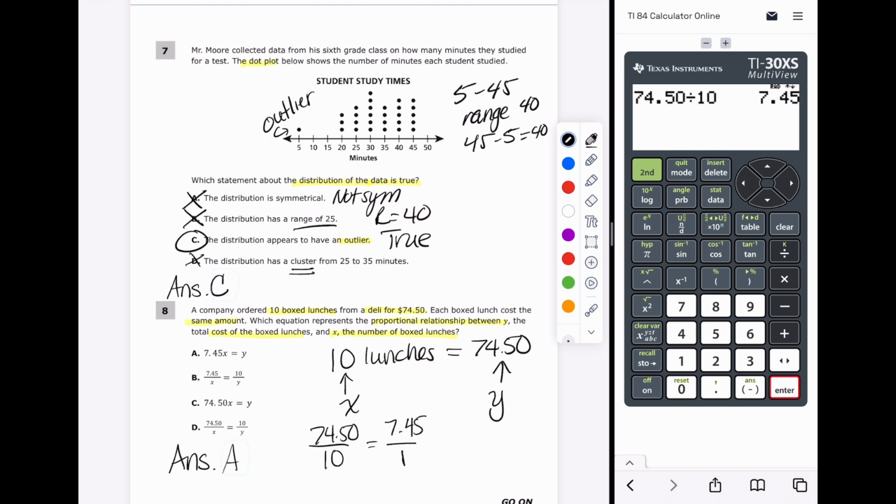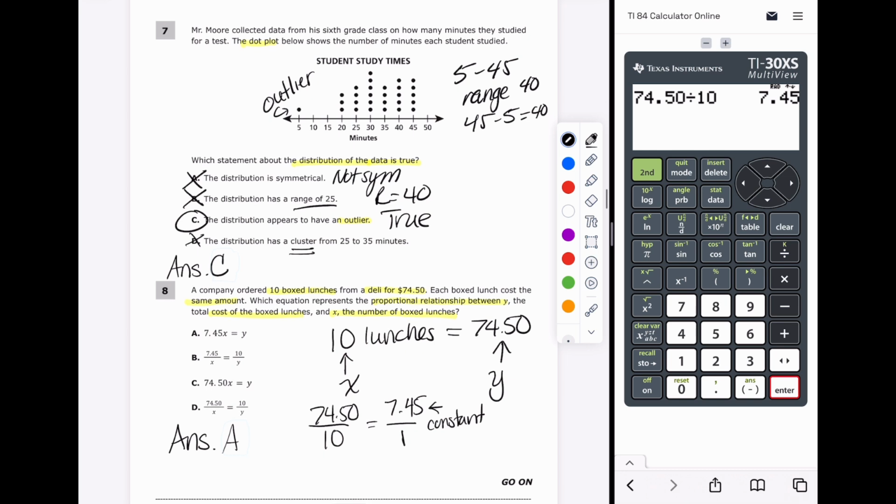So this is fixed. This is never going to change. That's my constant. So I can represent this relationship as 7.45 times however many lunches I get is equal to how much I pay. That is my relationship.